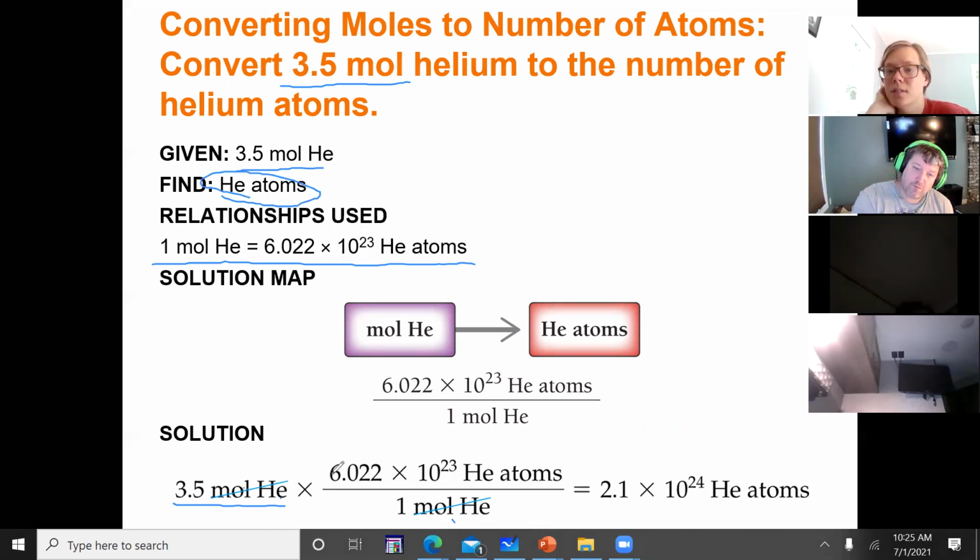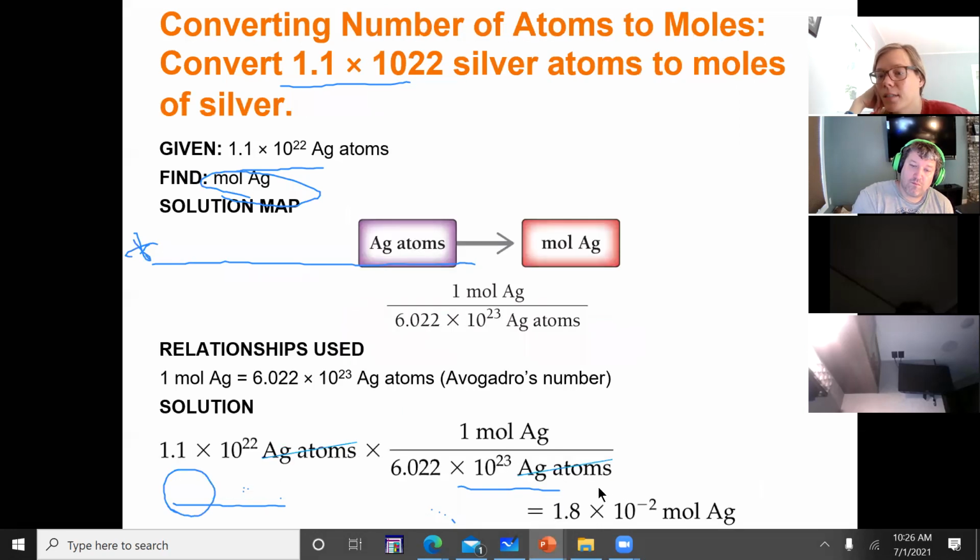Are you guys seeing how this is sort of just a conversion factor, but a new conversion that you probably haven't heard of until today? So the moles will cancel and you'll be left with helium atoms, and we get 2.1 times 10 to the 24 helium atoms. We would expect to have a lot of atoms. 2 sig figs here, so we go with 2 sig figs.